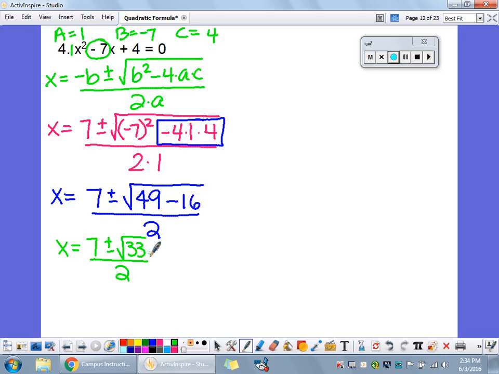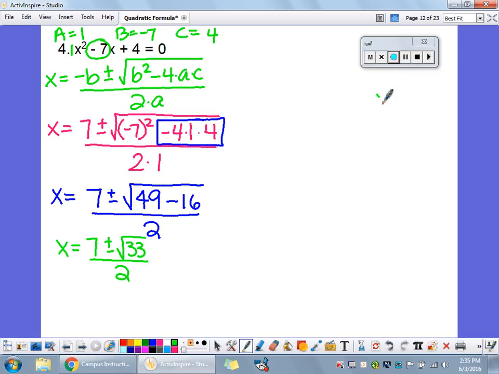And then the next thing we want to do is take care of this radical here. So the first place we need to think about is looking on the card. So is 33 a perfect square? Well, if we square root 33 in our calculator, we would get a decimal between 5 and 6. So we know that 33 is not a perfect square root. So the next thing we would need to look for is the factors of 33.